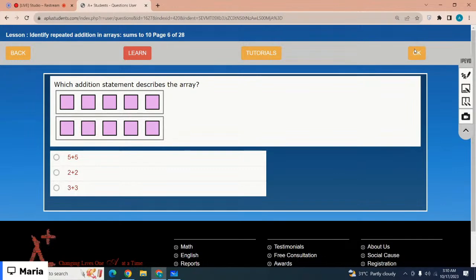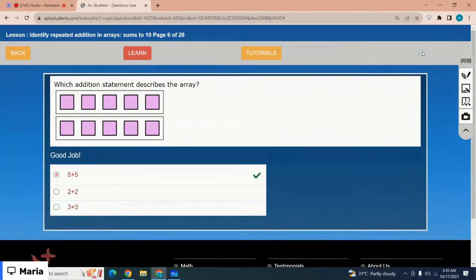That would be 5 plus 5, right? The correct option is 5 plus 5 because you have 2 rows, and in each row you have 5 squares. So you have to add 5 plus 5.